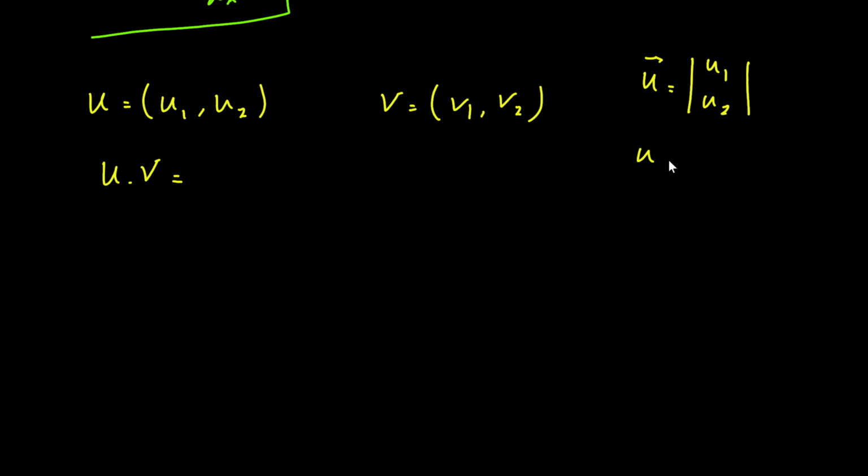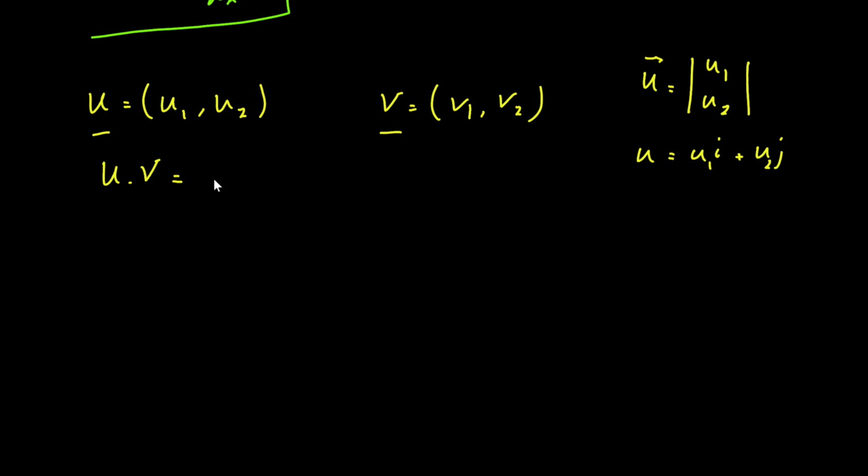Or I could also write u as u1 i plus u2 j. So there are different ways of showing and writing down a vector. We will use different methods to do different examples.